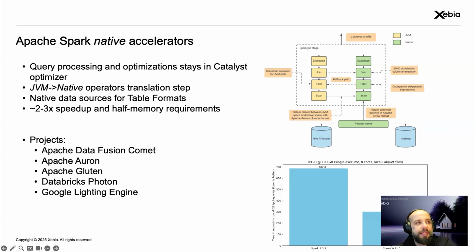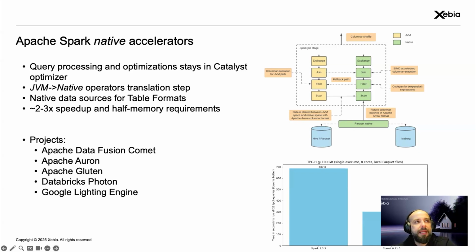So you can see that there are both open source projects as well as proprietary ones like Photon or Lightning Engine that try to achieve the same. So the idea here is simple, that we are preserving the Apache Spark ecosystem.